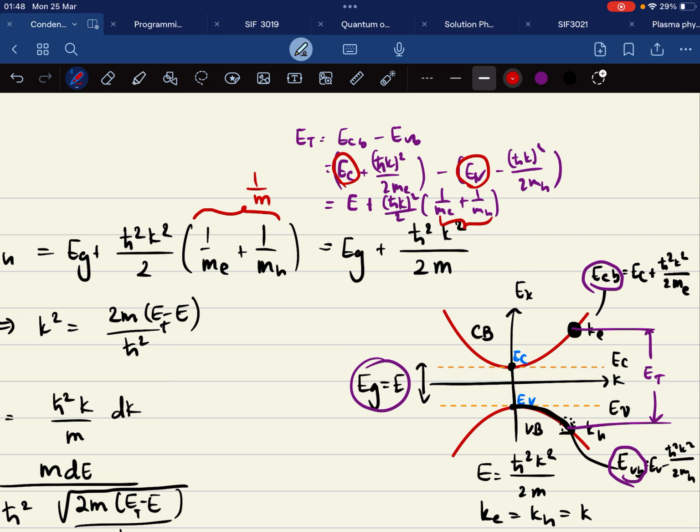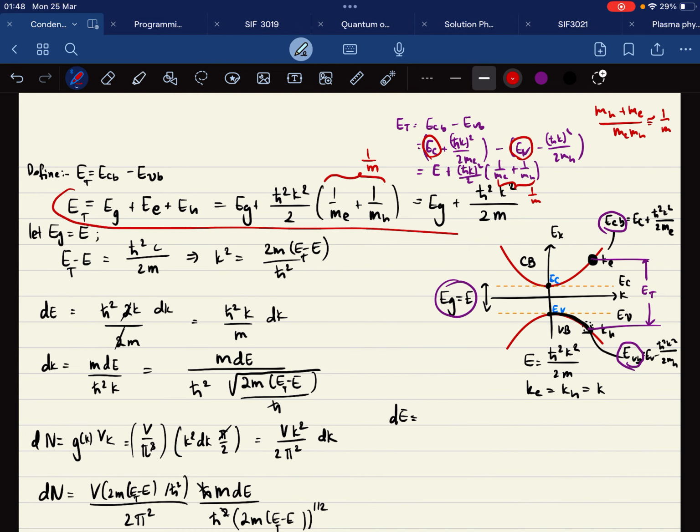So this you can define to be 1 over m, the reduced mass of them, which is m_h plus m_e over m_e m_h. So this is 1 over m, approximately, not exactly. So that's why I get this expression over here.